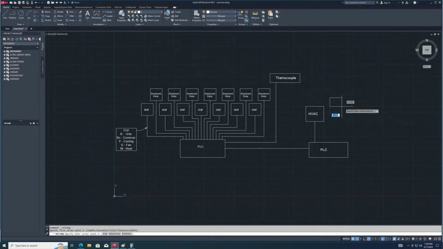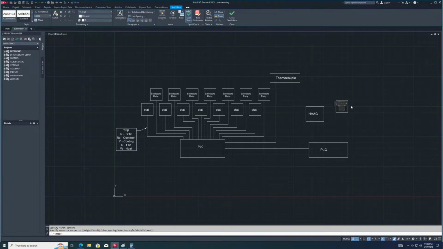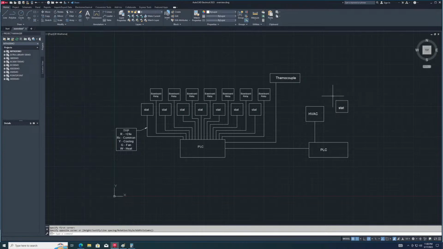Let's go with this. And this one will be connected down here like that.